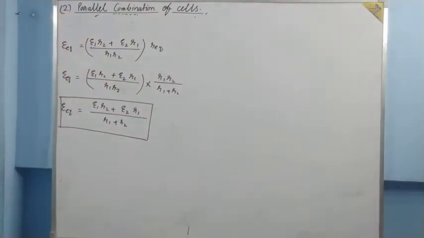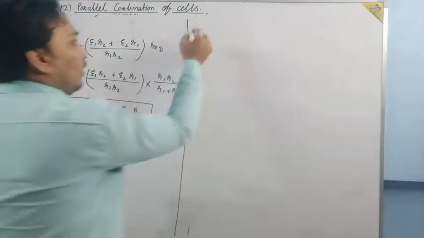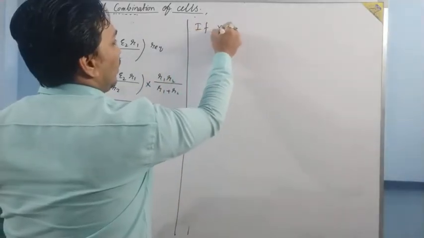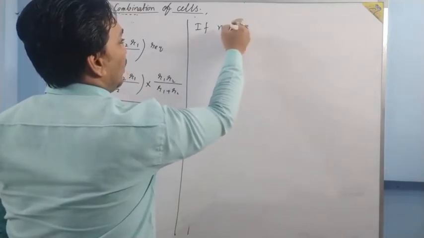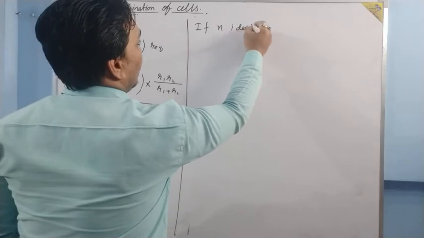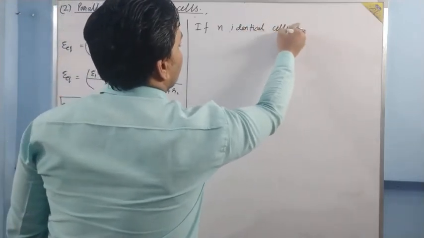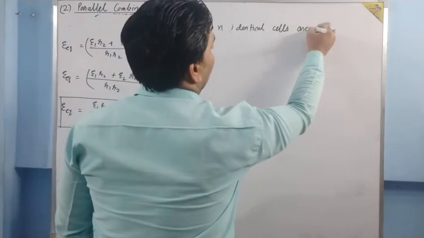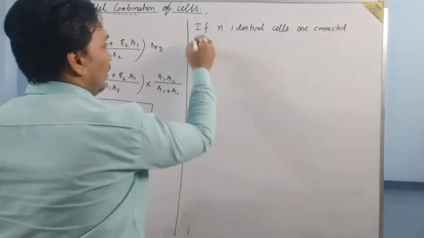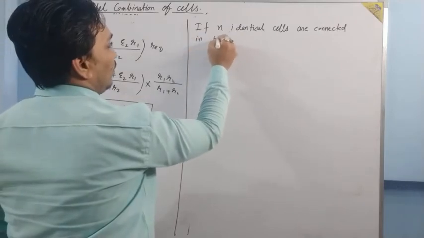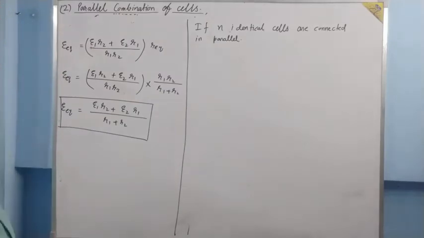Let us see. If n identical cells are connected in parallel, then what will happen?